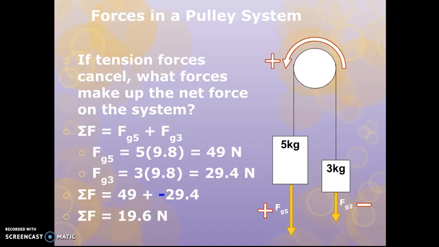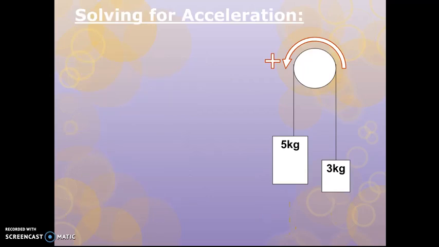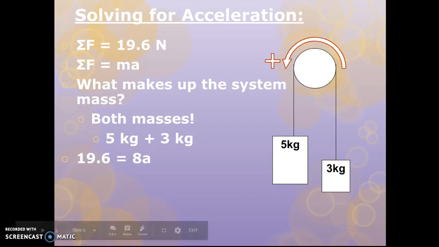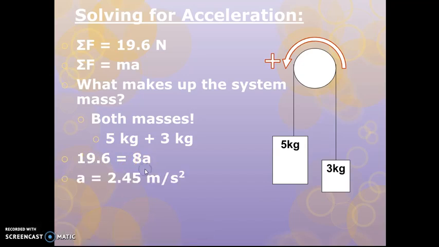First answer. Now we're going to take that 19.6 newtons and use that to figure out the acceleration of the system. Again, we have to remember that both masses make up our system. So we have to add them together and get a total mass of 8 kilograms. We plug that into our net force equals mass times acceleration equation, and you get an acceleration of 2.45 meters per second squared.